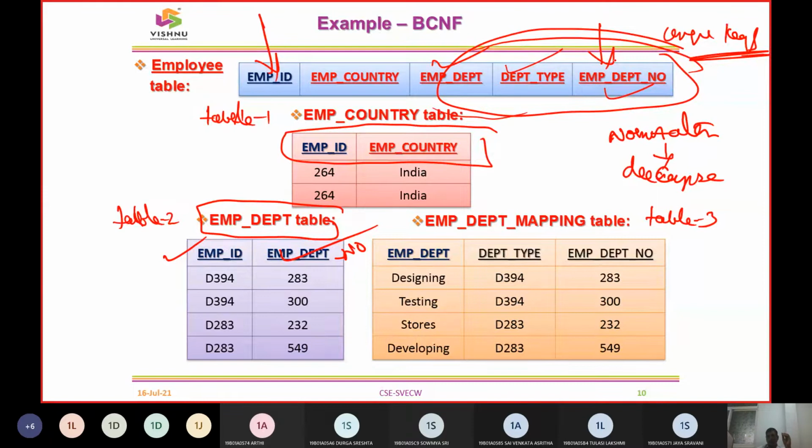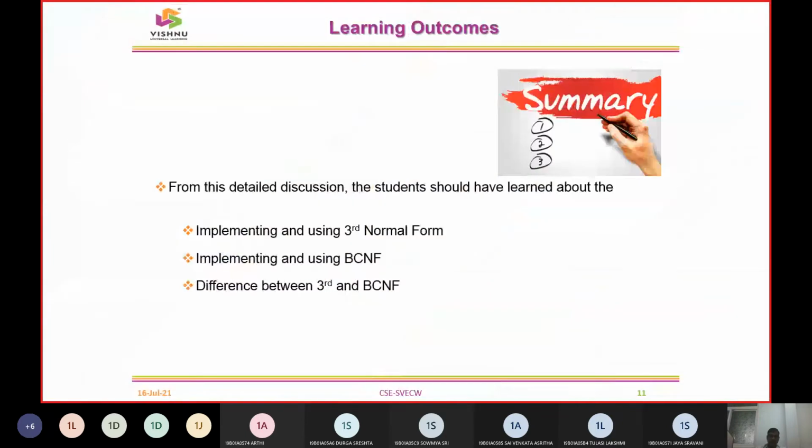Therefore, the specific fields are going to be moved or mapped towards a new table, with employee department type and employee department number. In this way, we are going to bifurcate, decompose or normalize so that we make proper inferences, and we can see some functional dependencies happen.